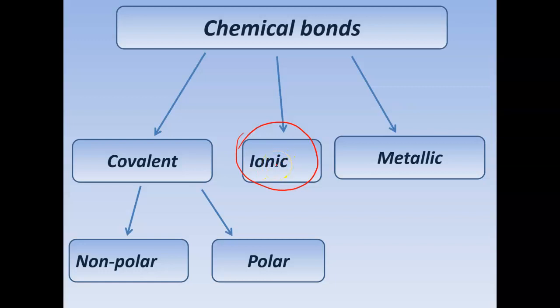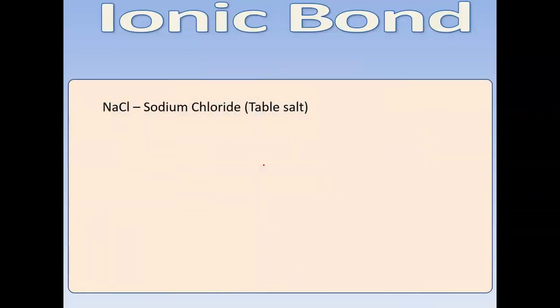The ionic bond we will be talking about today, and the metallic bond we will just say a few words about. That's all. So the ionic bond is the matter of our class today.